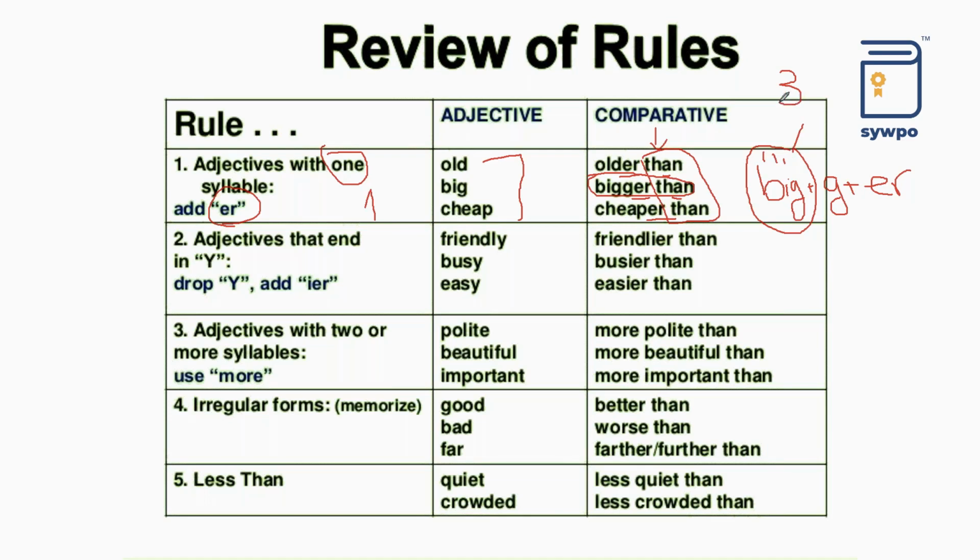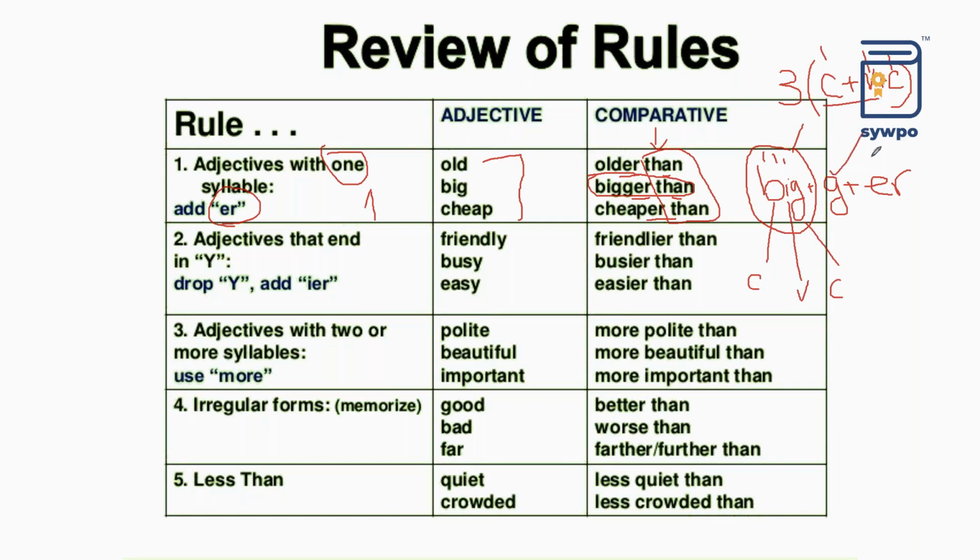If you have a word which has a combination like this, a consonant and then a vowel and then a consonant again, it doesn't matter if it's a 4-letter word or a 3-letter word. If the last 3 letters of the word are a consonant, a vowel, and a consonant, look here, B consonant, I vowel, and G consonant, you have the same structure as this one.